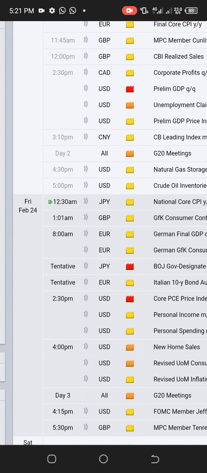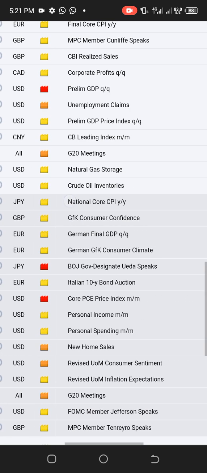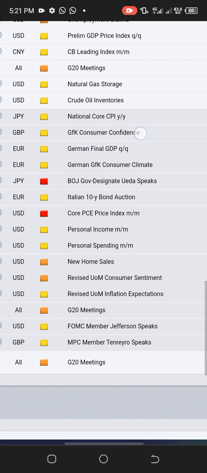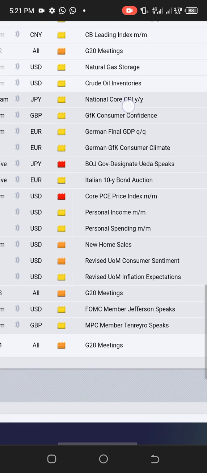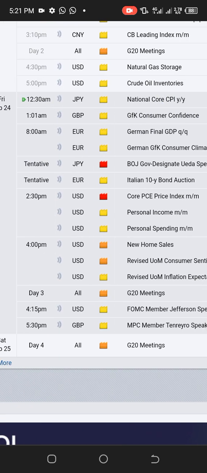Now, this is the cheat code. The ones that come with a red box, just like the JPY on a red box, are known as high impact news. They are the ones you should put more into consideration.